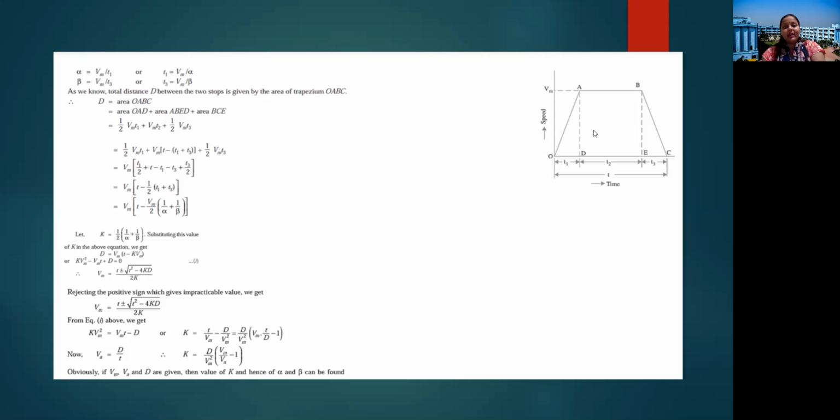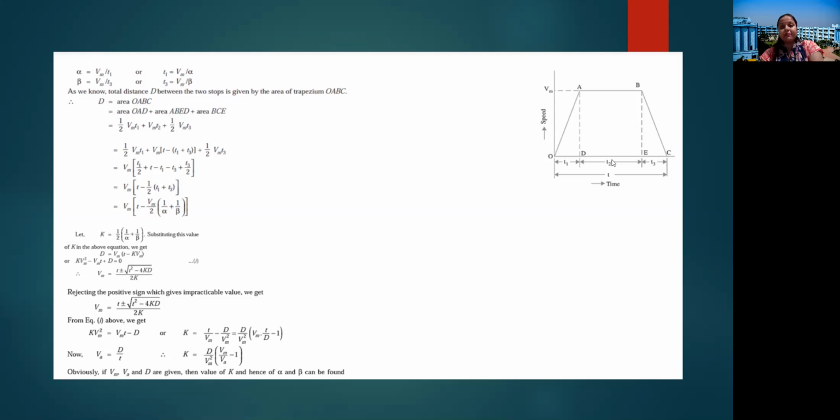For a right angle triangle, we know that area is half base into altitude. Here the base is time and the height or altitude is the maximum velocity. Similarly for triangle BEC, base is time and height is Vm. So half Vm into T1 and half Vm into T3 represent the areas of the two triangles.